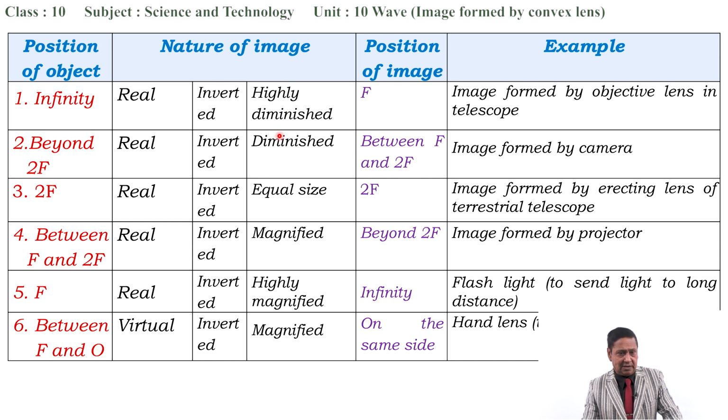At first highly diminished, and diminished only, equal size, and magnified and highly magnified. An image is found to be forming farther away from the lens, behind the lens, first at focus and then between f and 2f, and 2f, and beyond 2f, and at infinity. This is seen in this table.